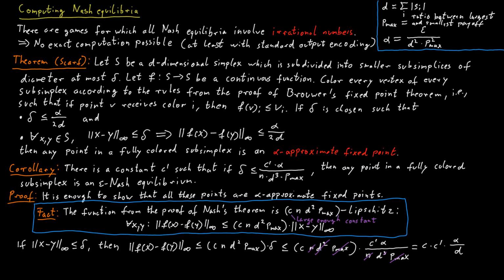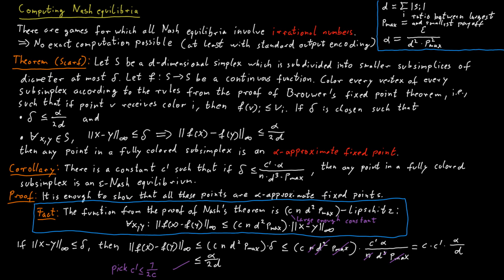And we can now just pick c prime small enough, so smaller than 1 divided by 2c. And if we do this, we plug this in, we get that this whole expression is less or equal to alpha divided by 2d, which is exactly what we needed to apply Scarf's theorem and learn that indeed we found an alpha approximate fixed point.